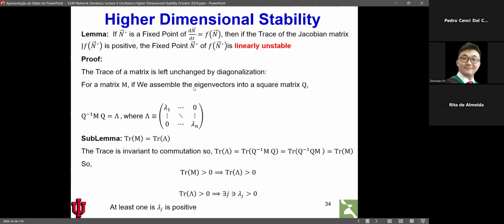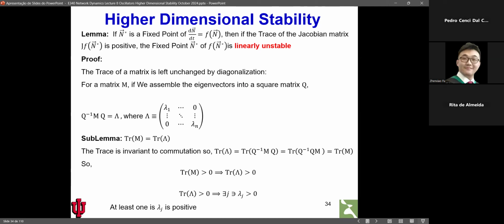So a lemma. Consequence is that if n star is a fixed point of dn/dt equal to the vectorial function F(n), then if the trace of the Jacobian matrix J_F is positive, then the fixed point n star is linearly unstable.